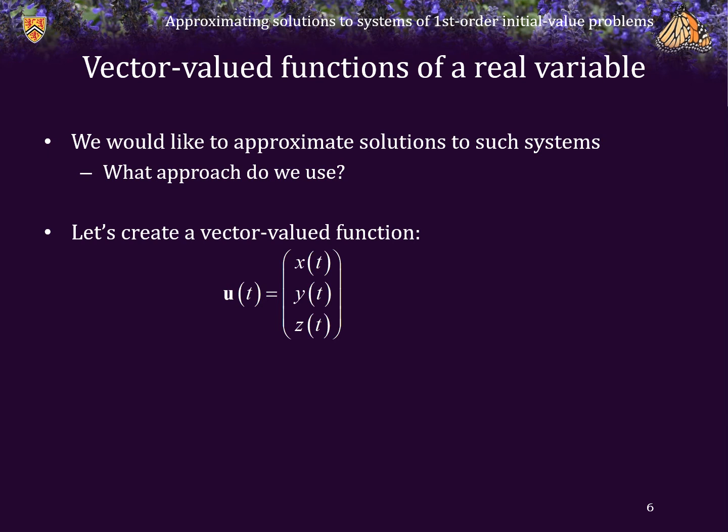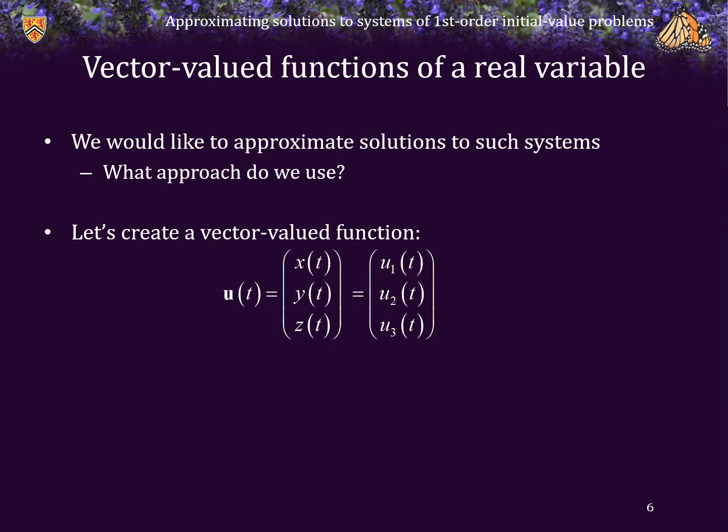Well, we have 3 equations. Let's create a vector-valued function. So let us assume that u is a vector-valued function where the result is a 3-dimensional vector. The first entry is the first solution x of t, the second entry is the second solution, and the third entry is the third solution.